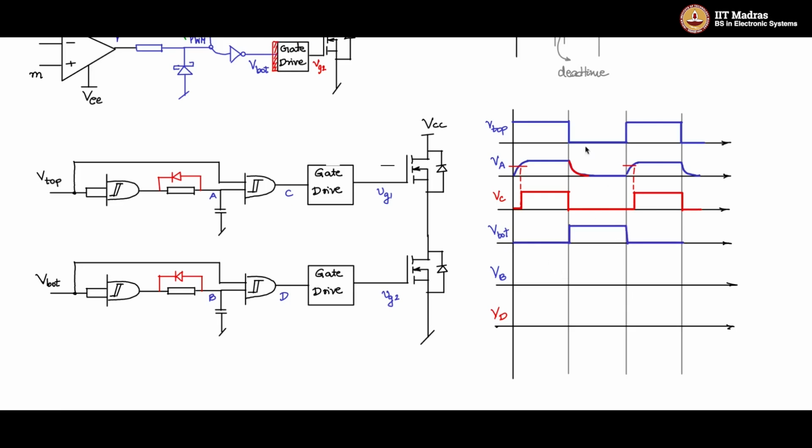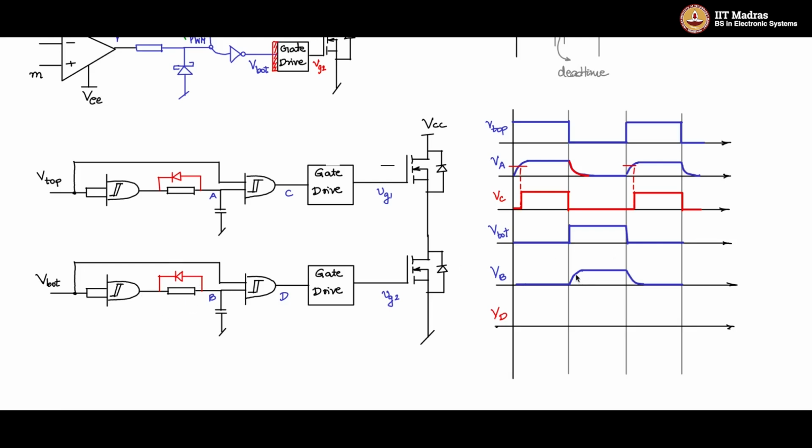So V bottom is nothing but the inversion of V top. This is V bottom. Here again you will see VB is the result of the low pass effect of the RC filter, and it will be something like this. Here again this discharge time constant can be reduced by passing it through this diode, by placing a diode there.